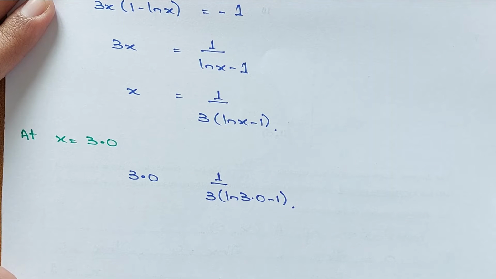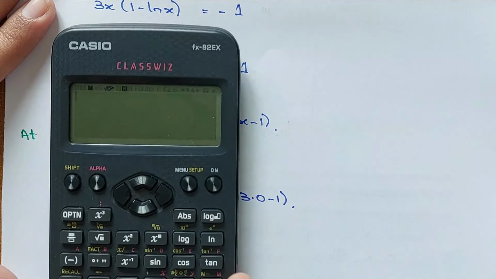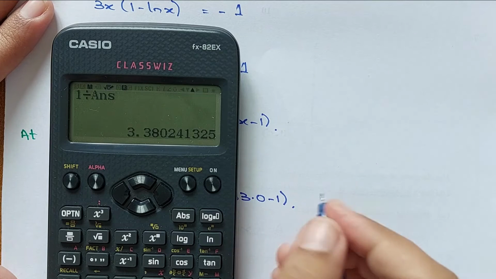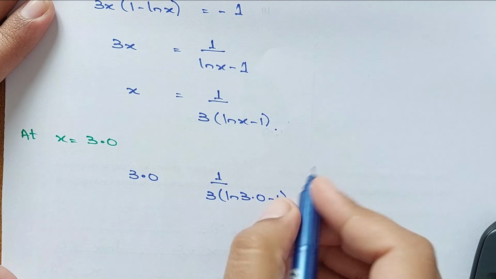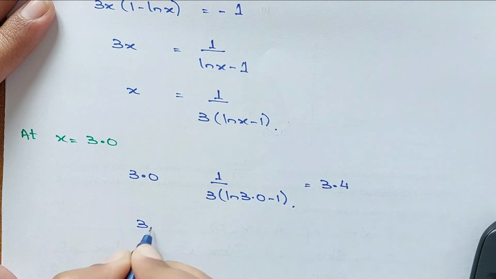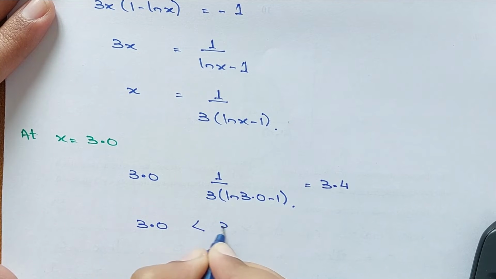Let me calculate this. ln of 3 minus 1, times 3, and its reciprocal is 3.4. So this is equal to 3.4. So we can say that 3.0 is less than 3.4 here, right?